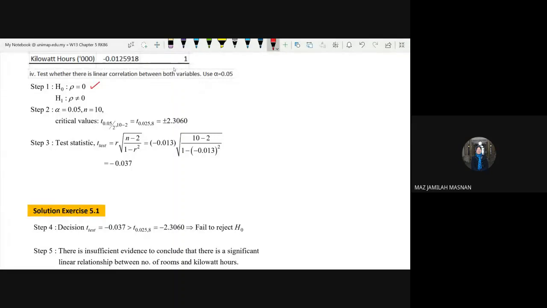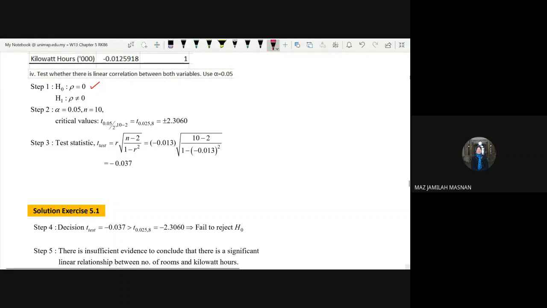Alternative: there is a linear correlation between kilowatt hours and number of rooms. Given alpha is 0.05 and n is equal to 10, our critical value will be 0.025 and the degrees of freedom is 8.